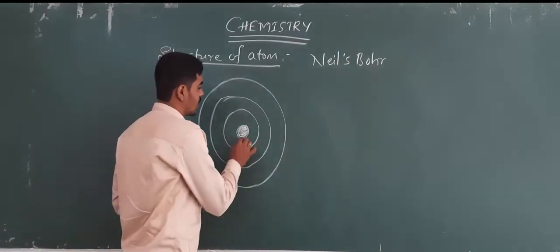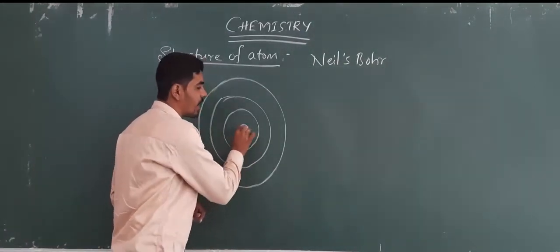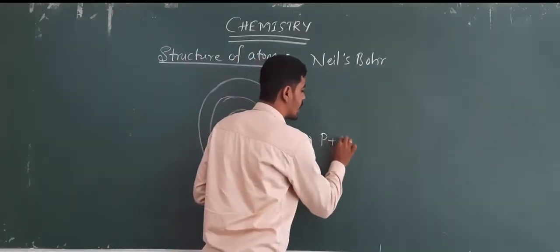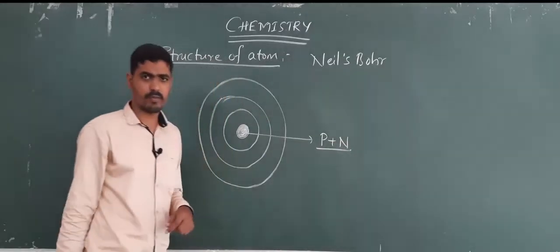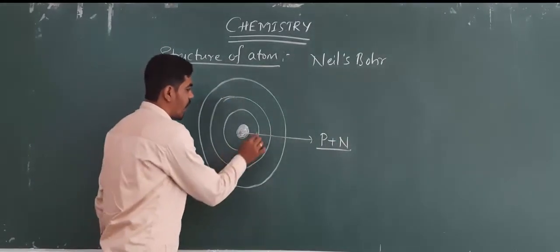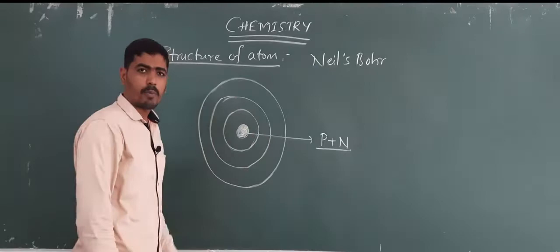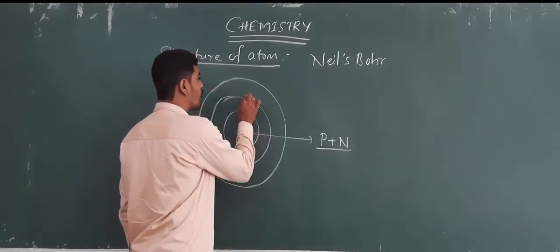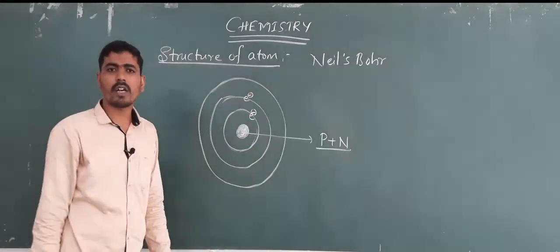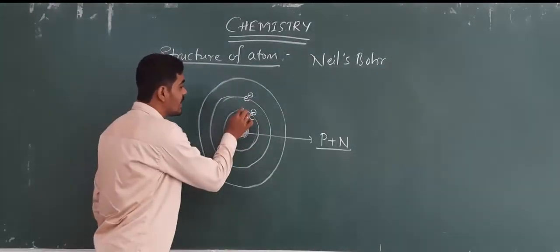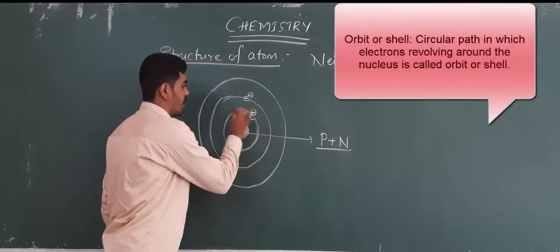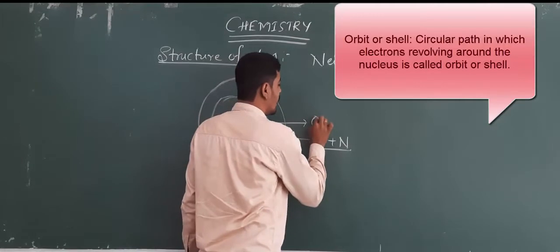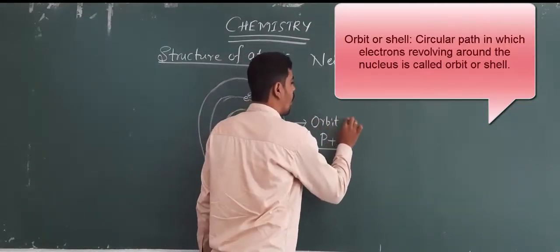He said that at the center of the atom there is a presence of protons and neutrons, and around these protons and neutrons the electrons are revolving. Electrons are revolving in a circular path, and this circular path is said to be an orbit or shell.